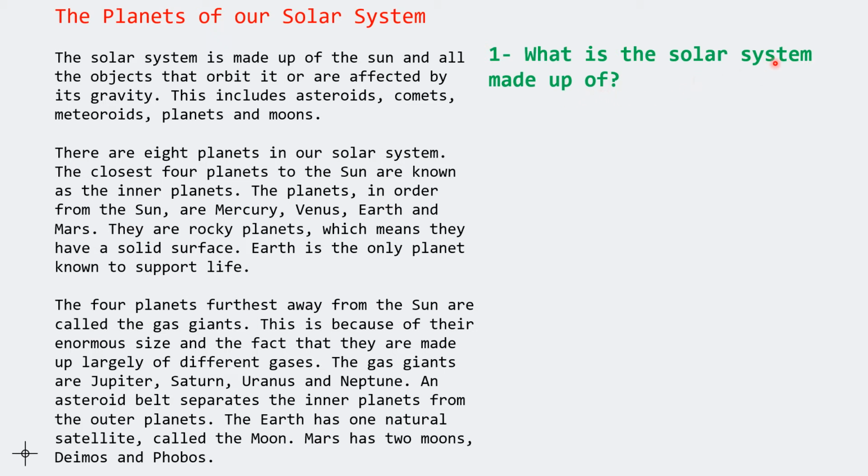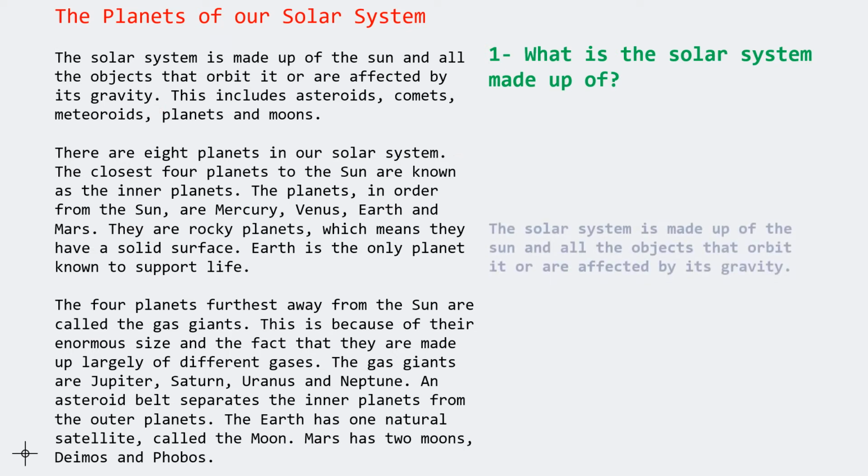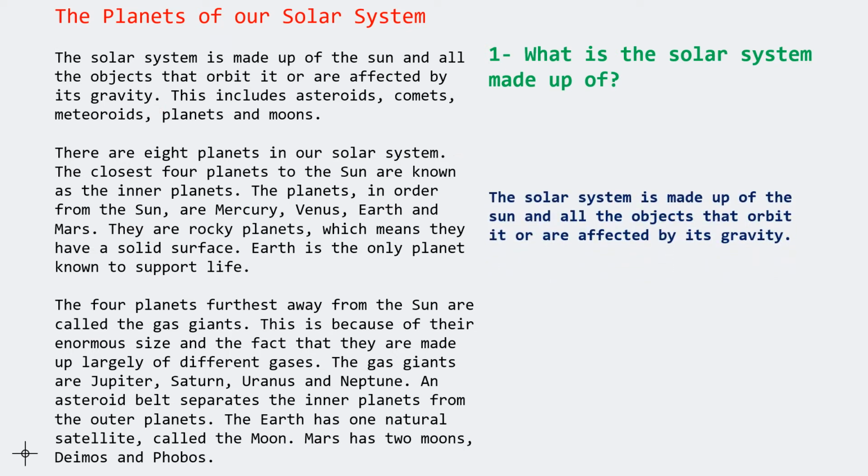We have read it in paragraph 1. So the solar system is made up of the Sun and all the objects that orbit it or are affected by its gravity. We have to stop at the full stop. Here is the answer for question number 1.